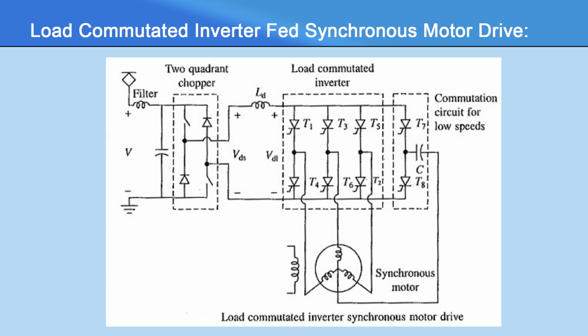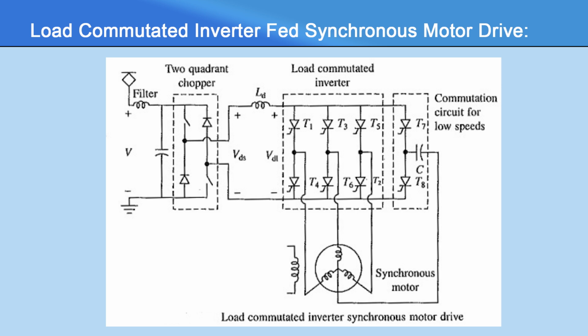If chopper operation is also changed to make VDS negative, but less than VDL in magnitude, the power flows from the load through the machine, inverter and the chopper to the DC mains, giving regenerative braking operation.